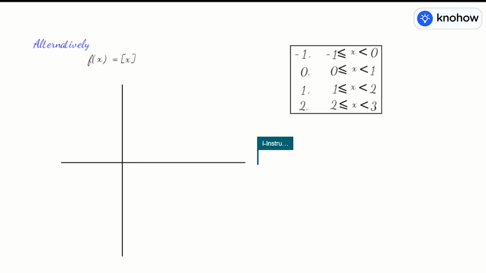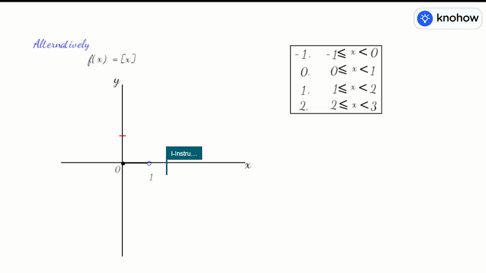At x equal to 0, it is 0. I make it here 0. But at 1, it is not 0, so make a hollow point here like this. So from 0 to 1, x greater than or equal to 0 but less than 1, it remains 0. And what is the value at x equal to 1?